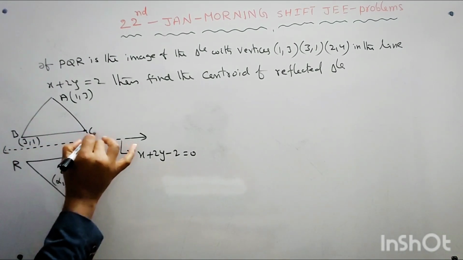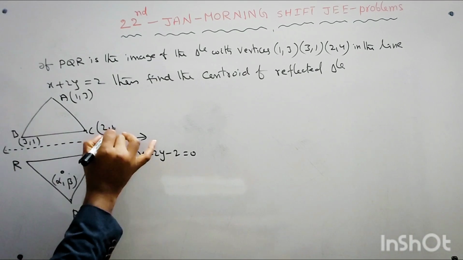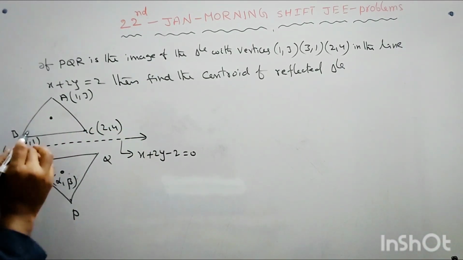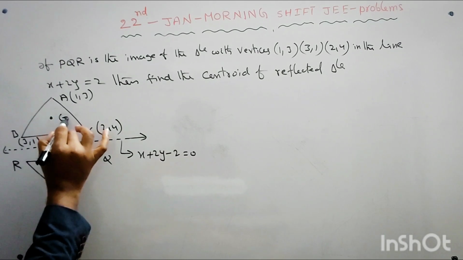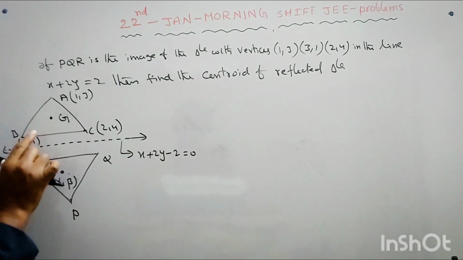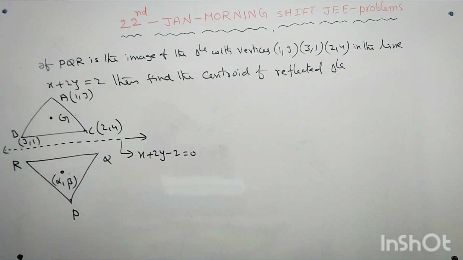And this one is C, that is given as 2 comma 4. Then I'm going to find the centroid of this triangle.